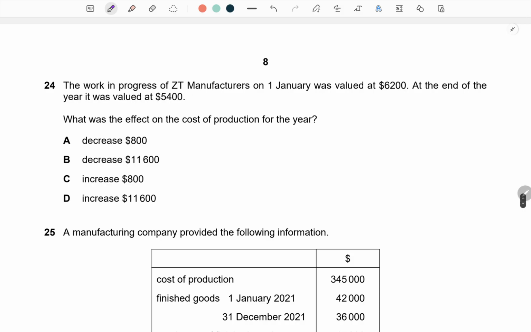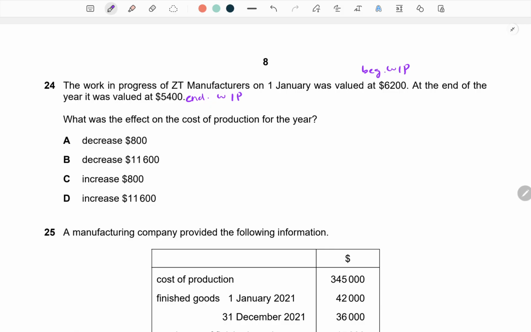Question 24. The work in progress of ZT manufacturers on 1st January was valued at 6,200. At the end of the year, it was valued at 4,400. Basically, this is the beginning work in progress and this is the ending work in progress.